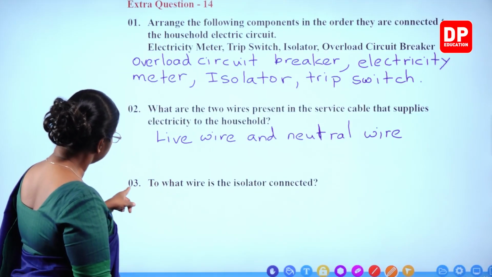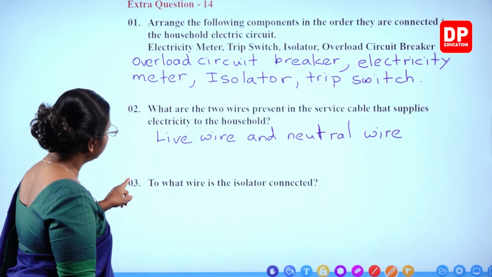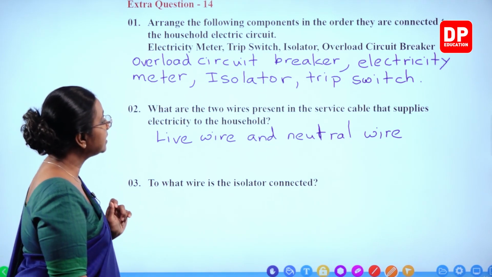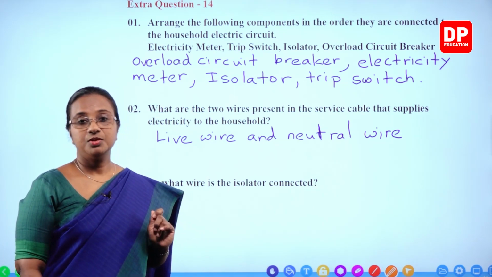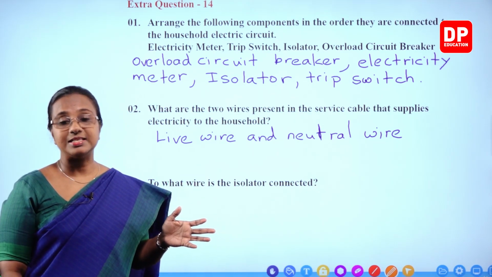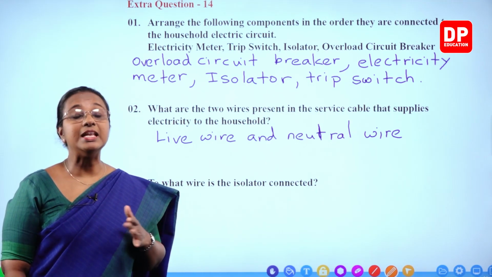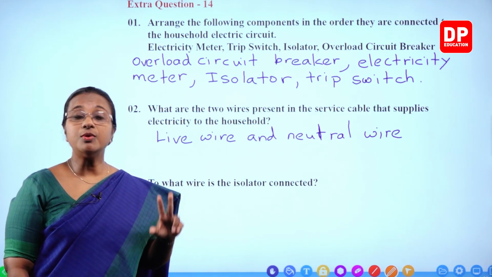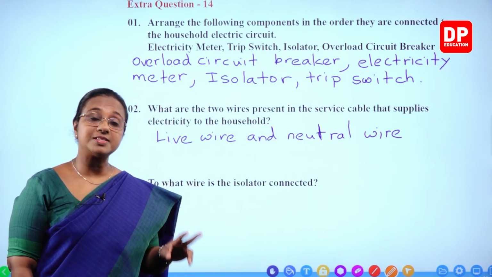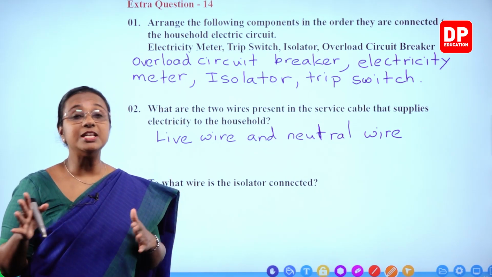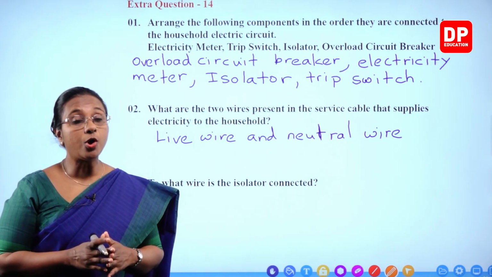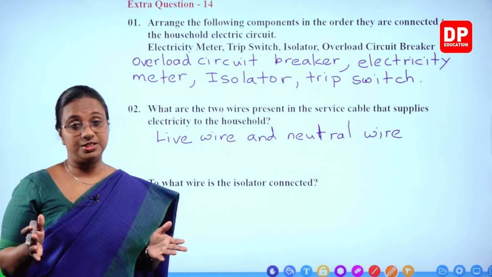So then students, the third part of the question: to what wire is the isolator connected? You all know what the isolator is. It is the main switch with the main fuse. Now you all know the isolator is capable of disconnecting both live and neutral wires. That is why we call it a dual pole switch.